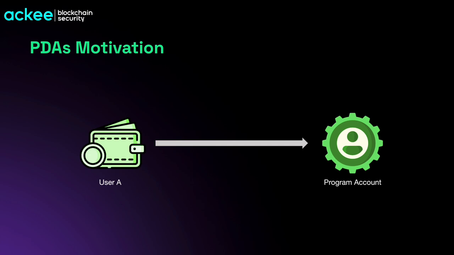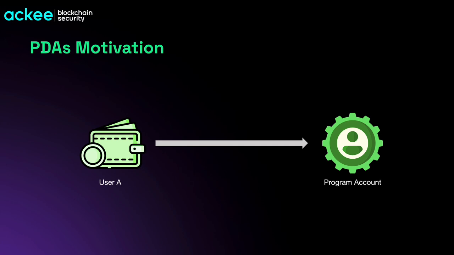But let's talk about a different scenario. What if we want some form of program that will hold its own funds in a wallet that this program owns? So let's say we want to create some form of game where we will be sending tokens to our game and the game will lock these tokens, or we have some form of program that will create a crowdfunding campaign and we will ask different users to deposit money in our program to these different crowdfunding campaigns.